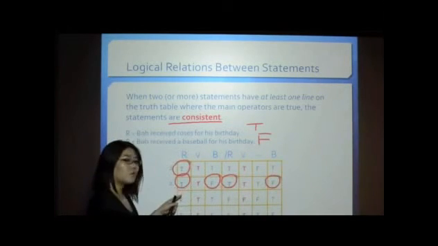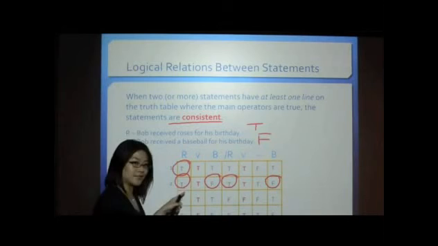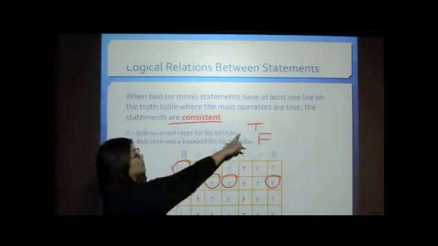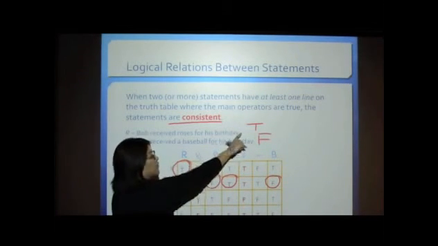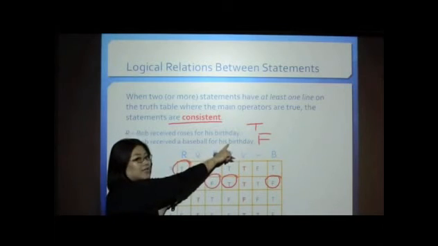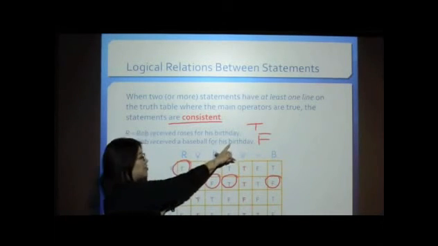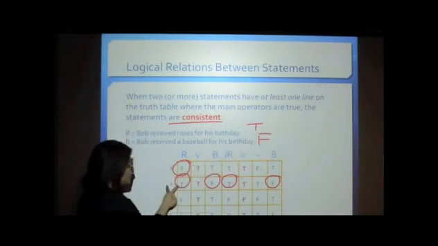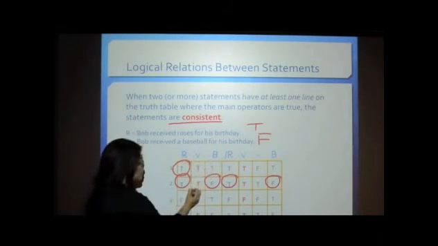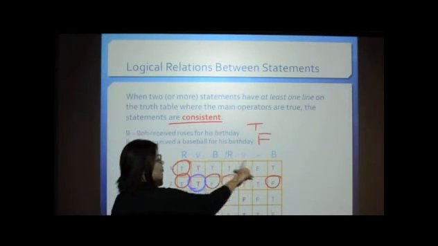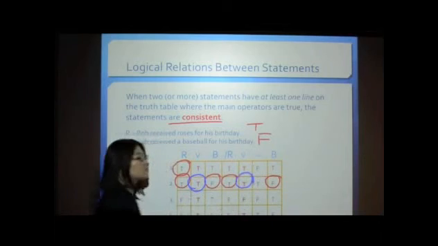In this scenario, which is the actual case, because we said it's actually the case that Bob received roses for his birthday, and it's actually the case that Bob did not receive a baseball for his birthday, you have this disjunction being true and this disjunction being true as well.